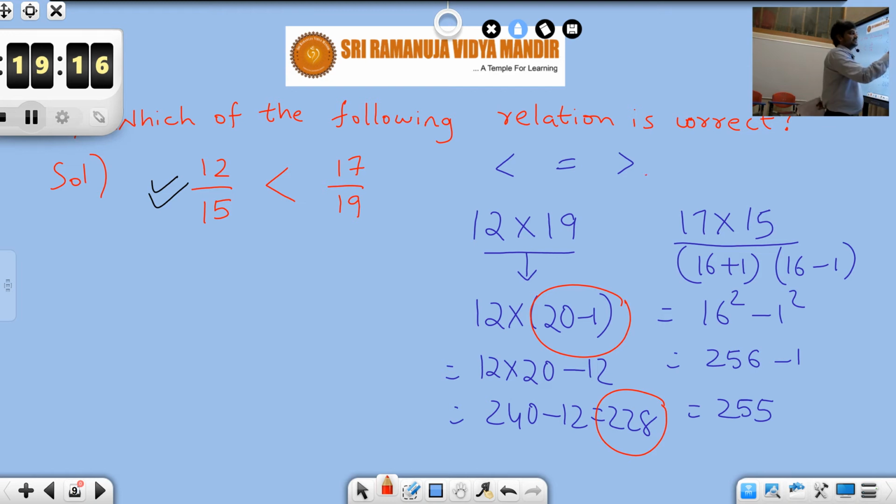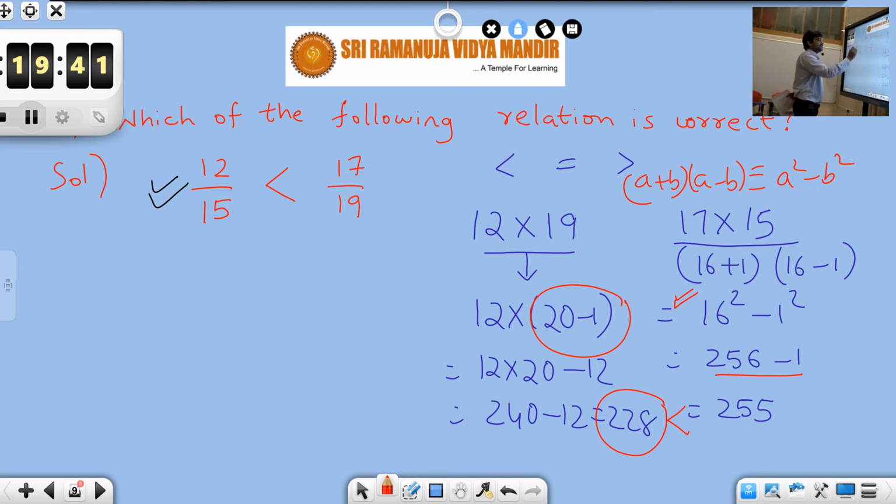Again using the identity, a plus b into a minus b is equal to a square minus b square. So 16 square minus 1 square is 256 minus 1, that is 255. So students, we can observe clearly 228 is less than 255. So obviously 12 by 15 is less than 17 by 19. So this is our answer.